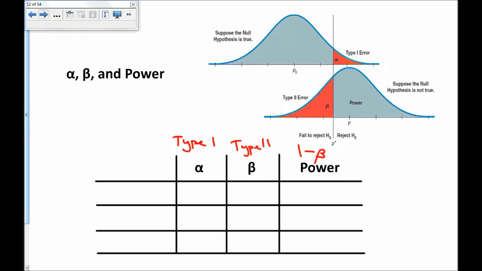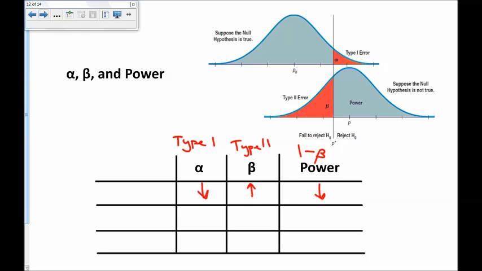So if you say, I don't want to make a type 1 error, and so I'm going to decrease alpha, have a very low alpha level of 0.01, what that will result in is you'll be more likely to make a type 2 error. It'll increase beta. Now the power is 1 minus beta, so if you increase beta, you're also decreasing the power.